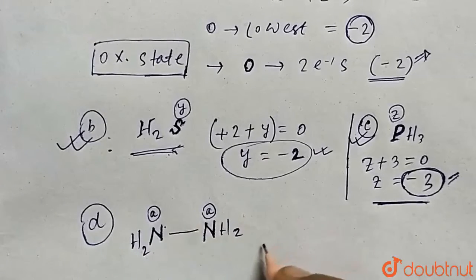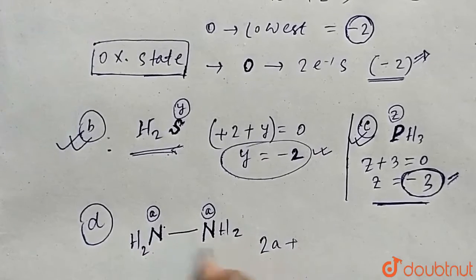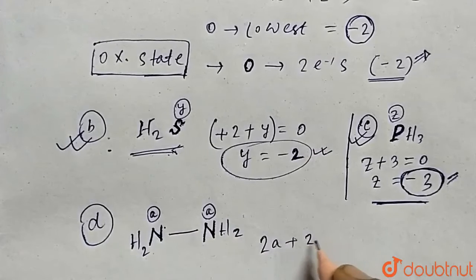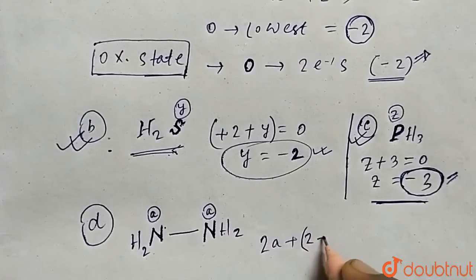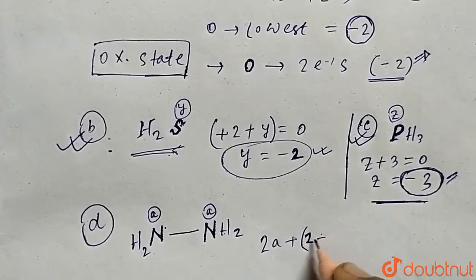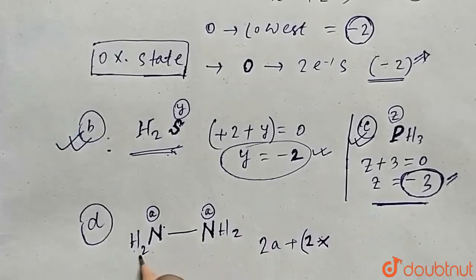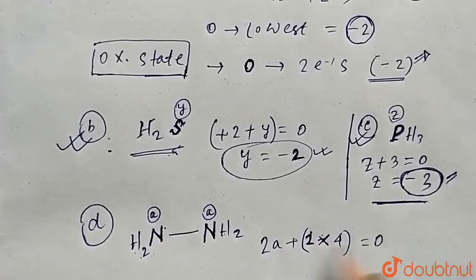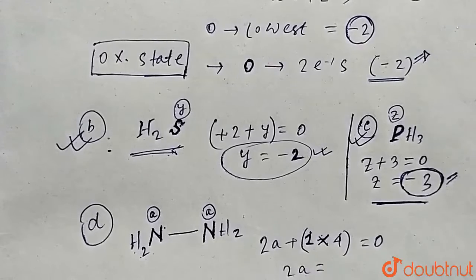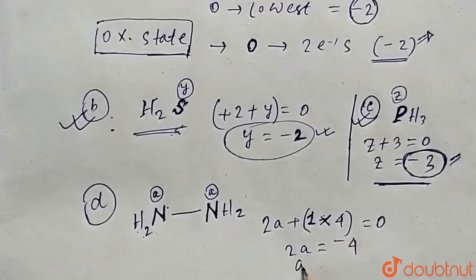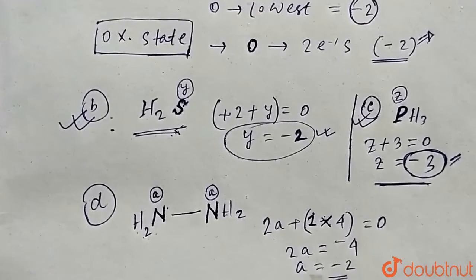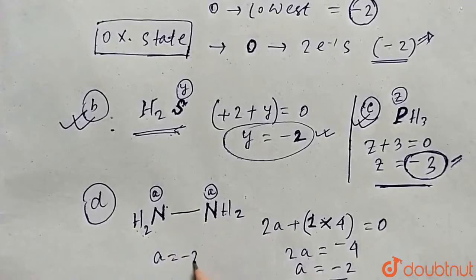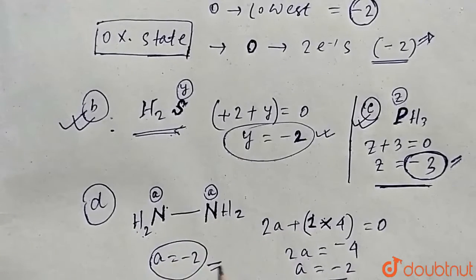So 2 nitrogen, 2a, plus 1 into 4 equals 0. So 2a equals minus 4, a equals minus 2. So nitrogen has oxidation state minus 2.